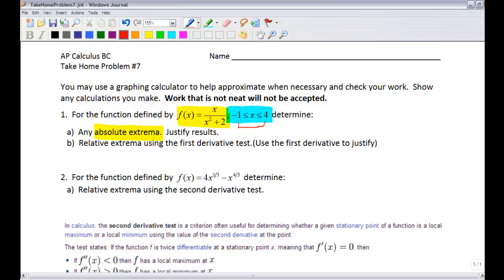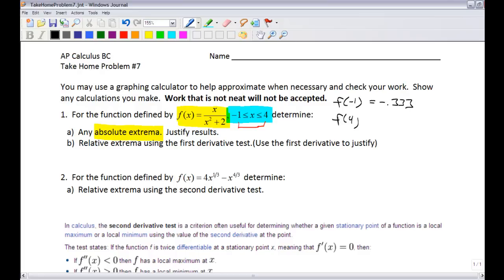So I would just start, right? Off to the side, I would record, hey, what is f of -1? What is f of 4? So f of -1 is -0.333. Just go to 3 decimals on the AP test.